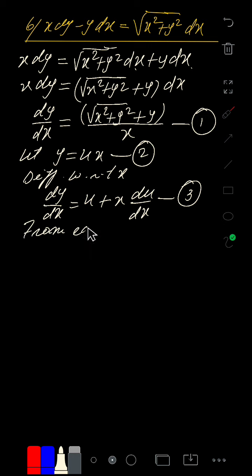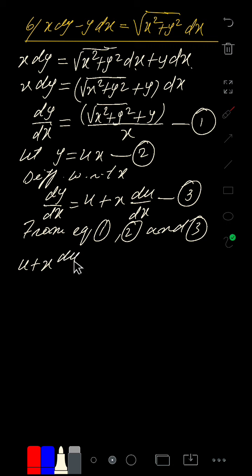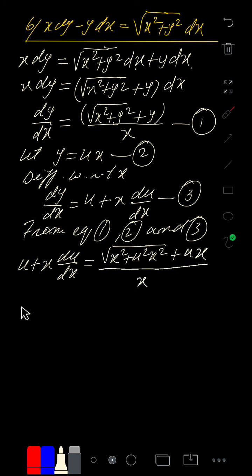From equation 1, 2 and 3, replacing dy upon dx by this expression u plus x du upon dx in equation number 1, we have on the left hand side u plus x du upon dx, and on the right hand side, replacing y by ux in this expression, we have under root x square plus u square x square plus ux divided by x.